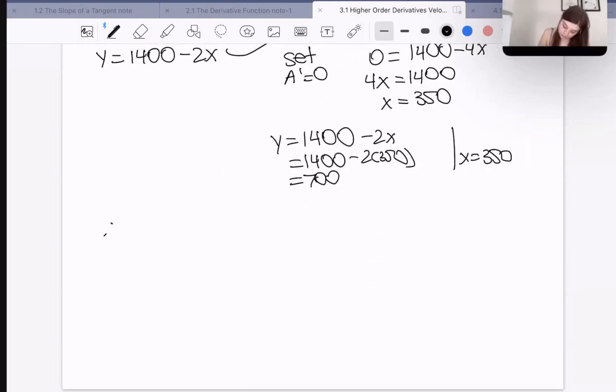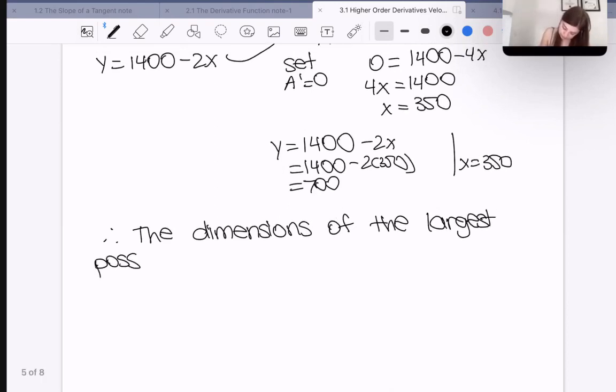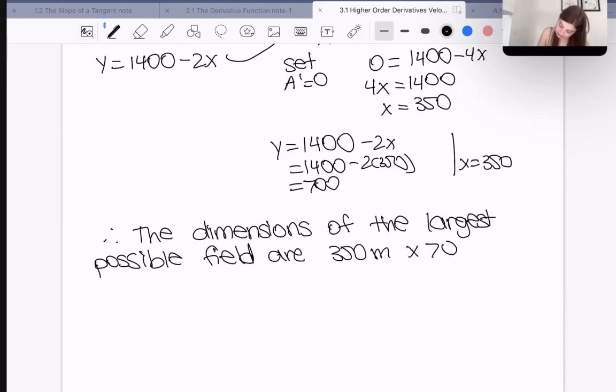So therefore, the dimensions of the largest possible field are 350 meters by 700 meters.